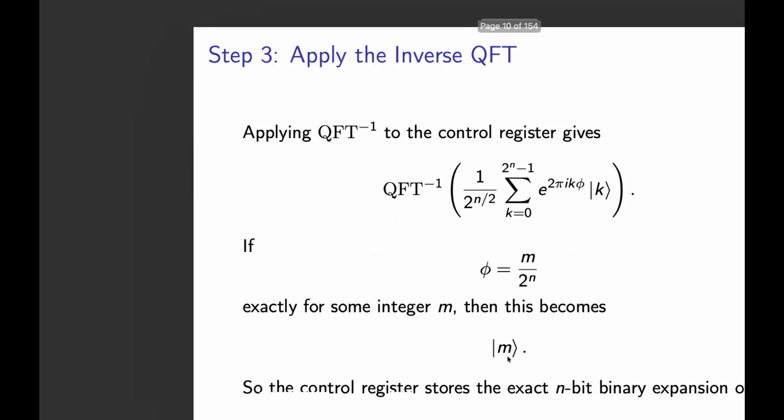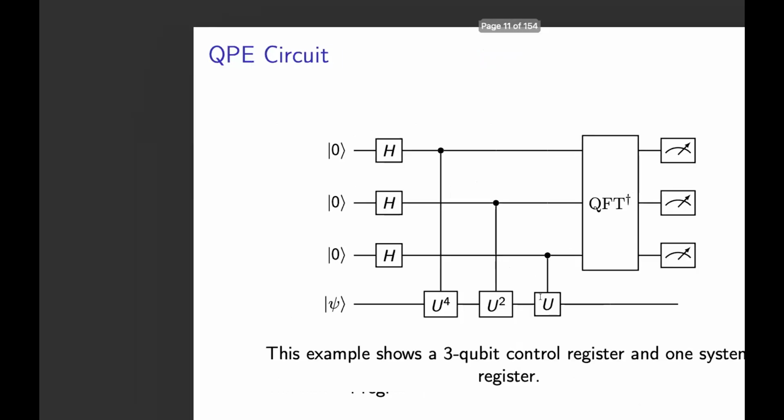This becomes the state n, encoded in terms of these bits, so the control register stores the exact n-bit binary expansion of phi. Normally, you won't have an exact representation of a number with a given finite number of bits.